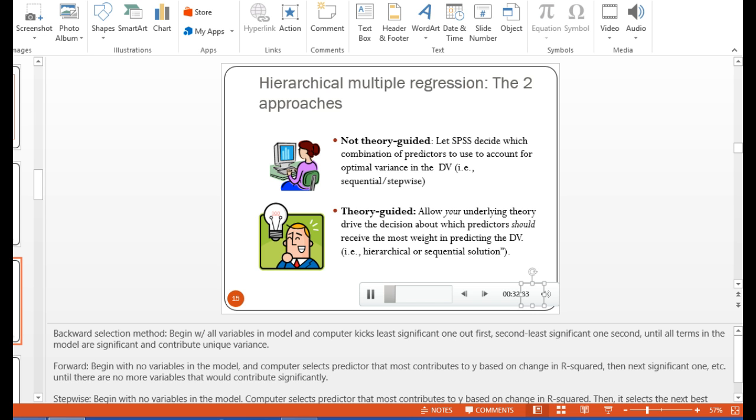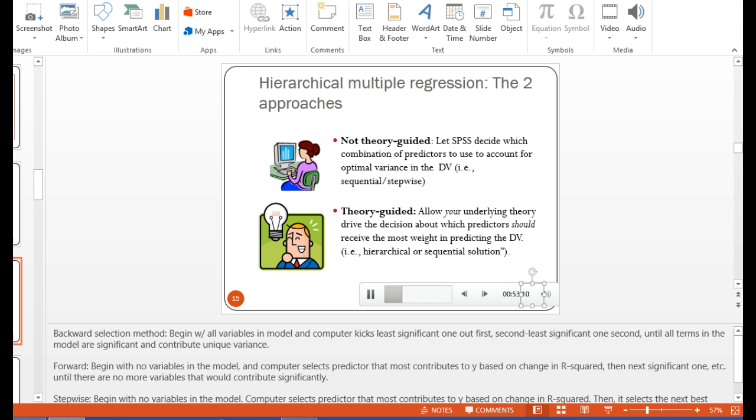First there's the backward selection method, where we begin with all of the predictors in the model, and the computer decides which one is contributing the least variance to the DV, and it kicks that one out. Then it reanalyzes, because the beta weights change when one predictor is kicked out.